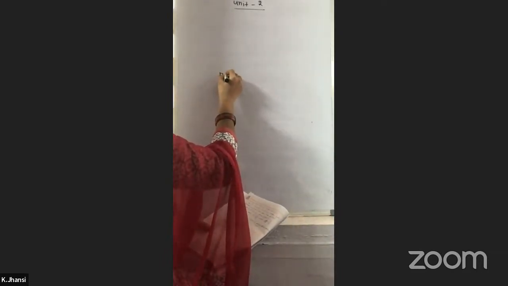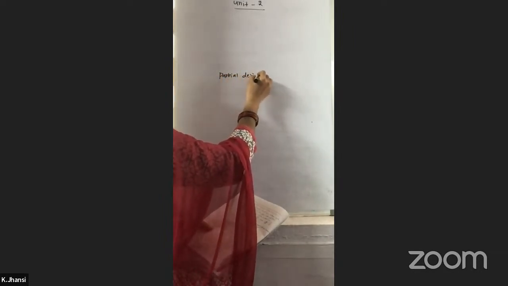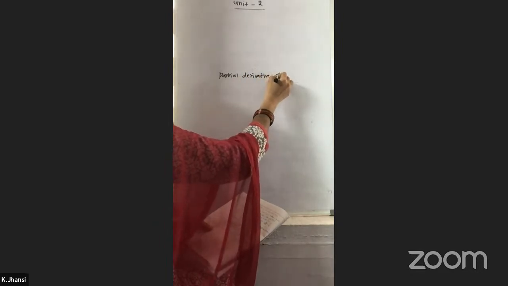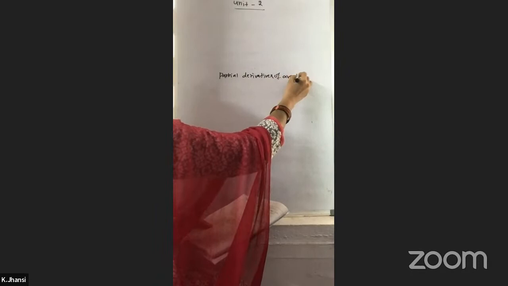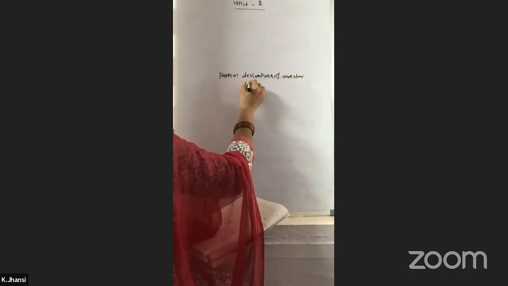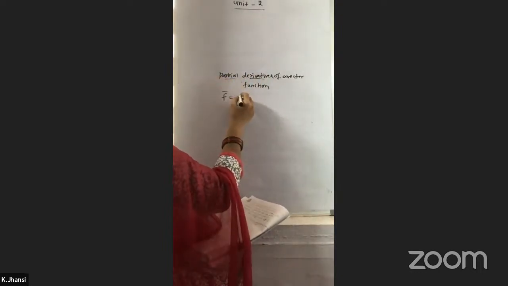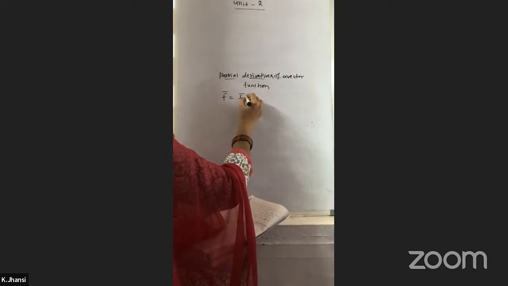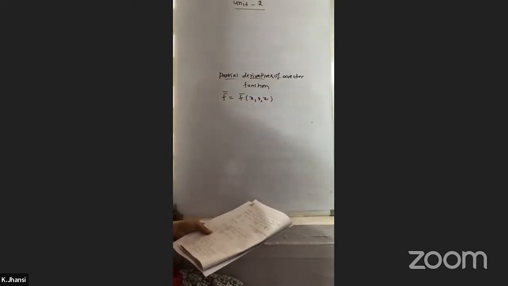Partial derivatives, how to write them, means partial derivatives of a vector function. Any vector function will be given as f bar of x comma y comma z. Okay, be a function of three independent scalar variables x, y and z, the definition is there in your textbook.